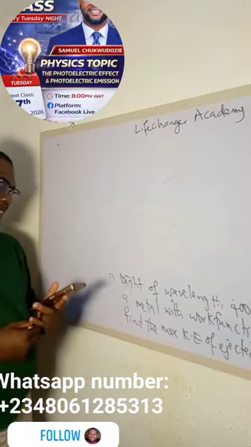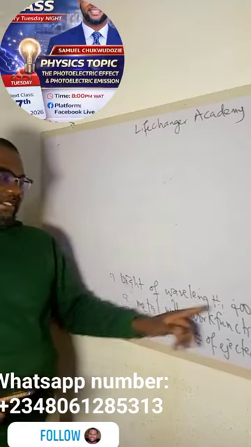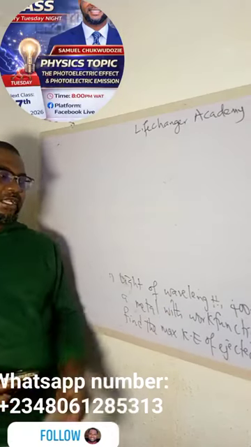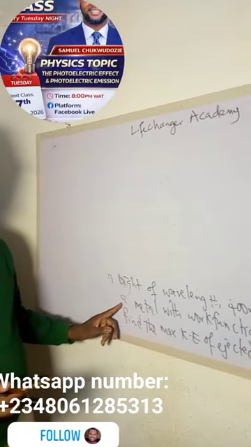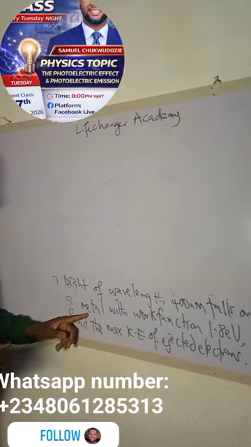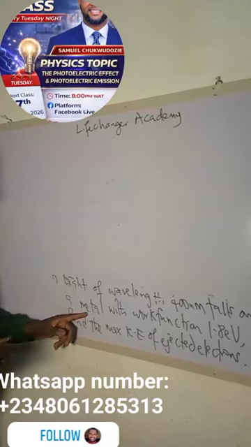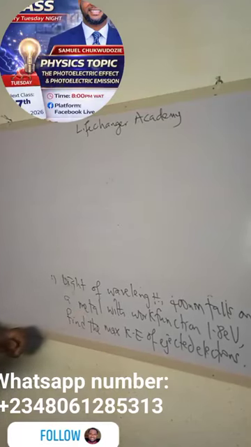Okay, so this one says light of wavelength 400 nanometer falls on a metal. Somebody's asking, we did 6 times 10 raised to the power 10.